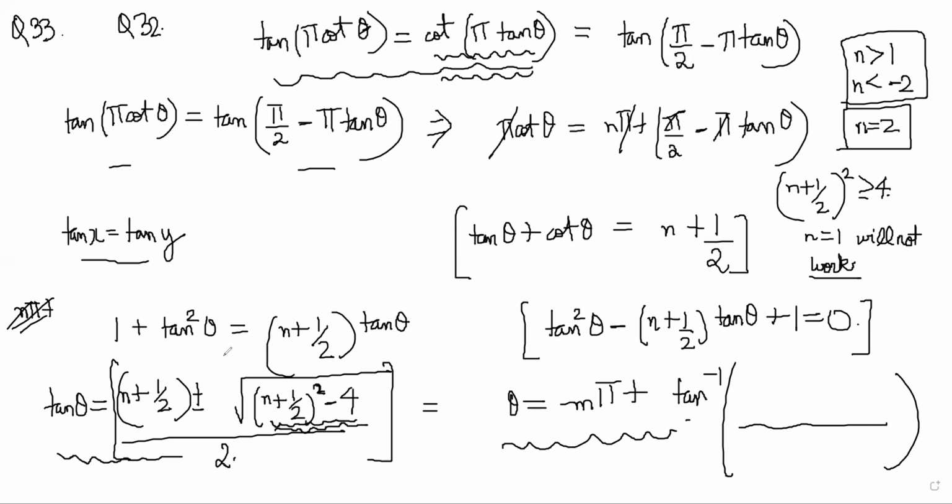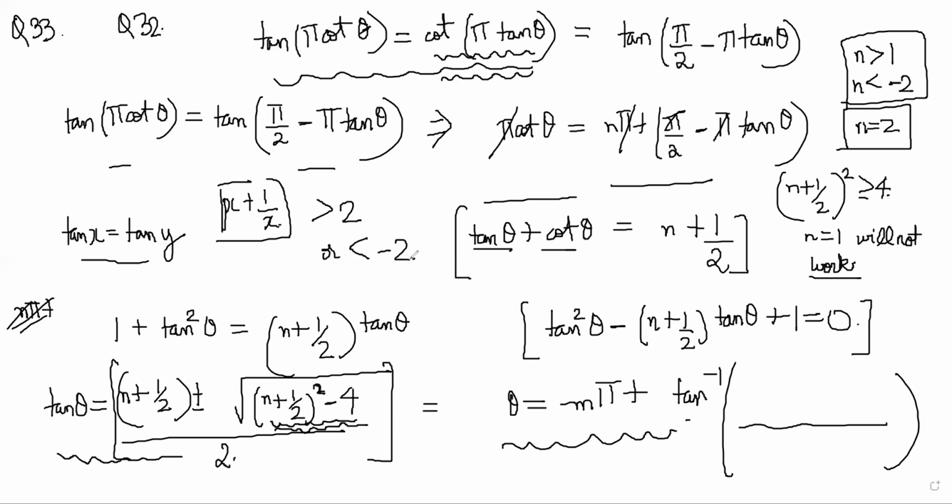Yes, sir. You could have said that here only, because tan and cot are reciprocals of each other: x plus 1 by x. Now x plus 1 by x will either be greater than 2 or less than -2. You will learn this later, but we can prove it. For example, we can prove that x plus 1 by x has always got to be greater than 2.